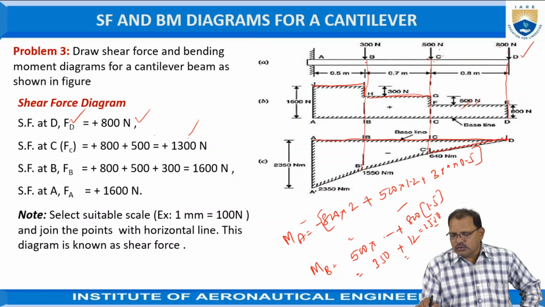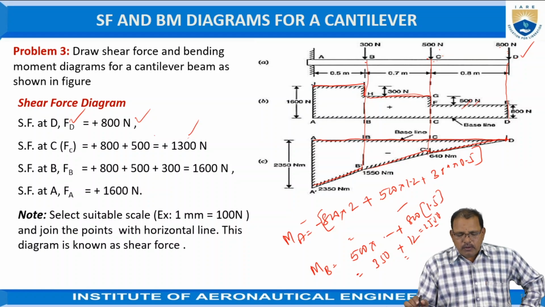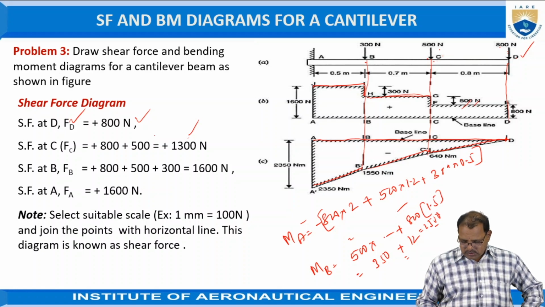Already I told you that for point loads it should be joined by a straight line because it is proportional to the distance only. At B, join B and C, its value is equal to 1550. At A it is equal to 2350. Join the points now. Okay, this diagram represents the bending moment diagram of the cantilever beam when it is subjected to 3 point loads B, C, D as shown in the figure.